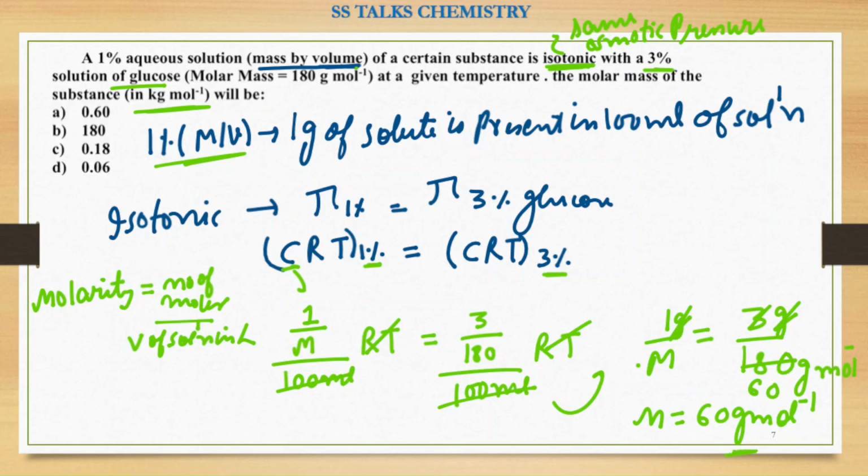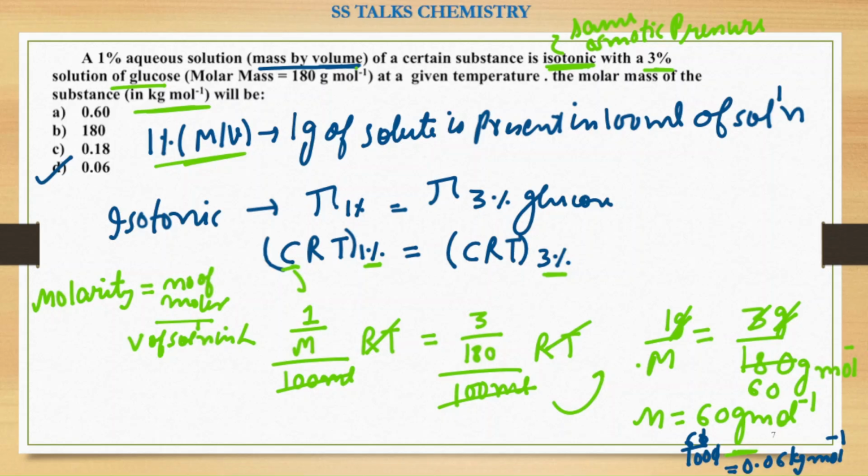Sorry, not 0.6, you will get 0.06. So 60 divided by 1000 gives 0.06 kg per mole. This is the molar mass of the substance, so the answer would be option D.